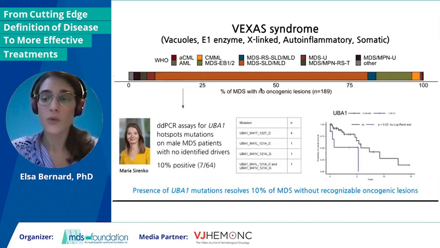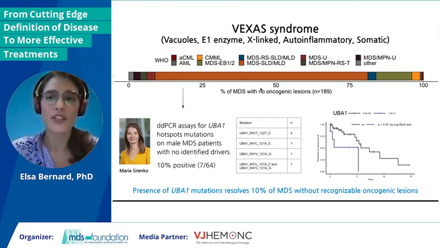In our data, which are not selected for autoinflammatory disease, but in that case, by the absence of recognized driver mutations, Maria Serenko in the lab has developed a ddPCR assay to screen for UBA1 hotspot mutations, and they found that UBA1 mutations can resolve 10% of cases without recognized oncogenic lesions, and they seem to be associated with a worse outcome than other cases. Those are preliminary data, and we are now extending the screening and the number of cases.